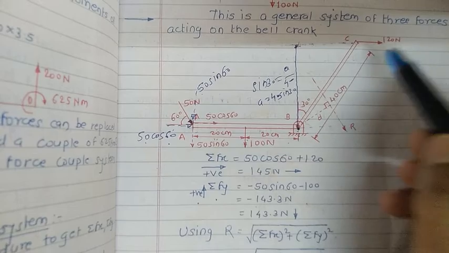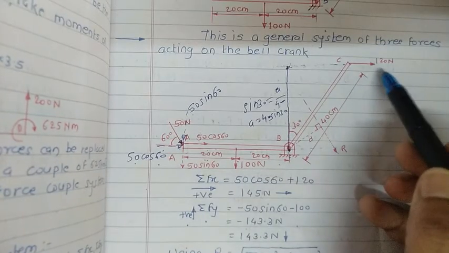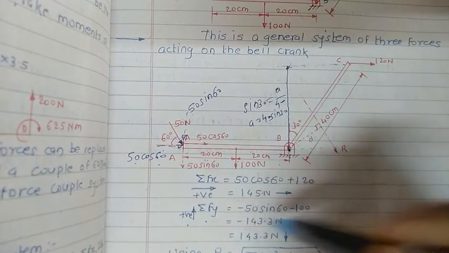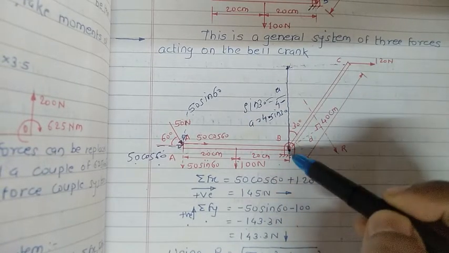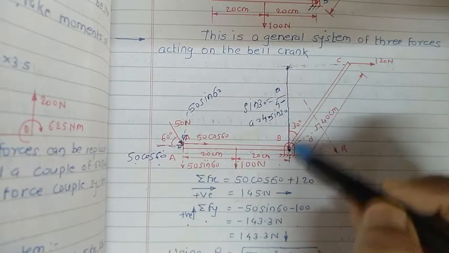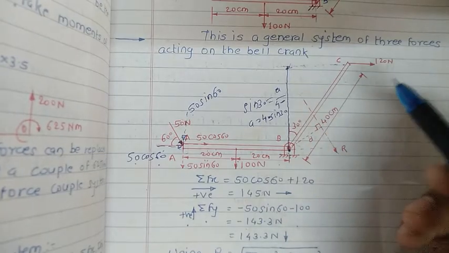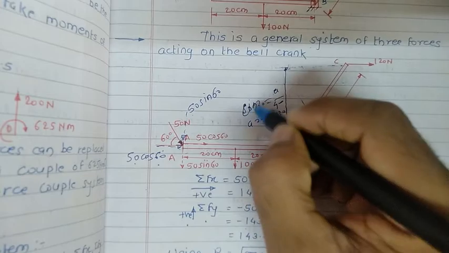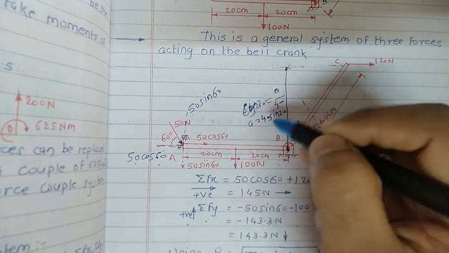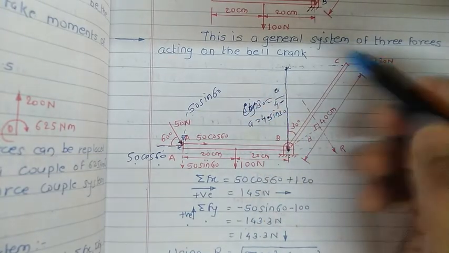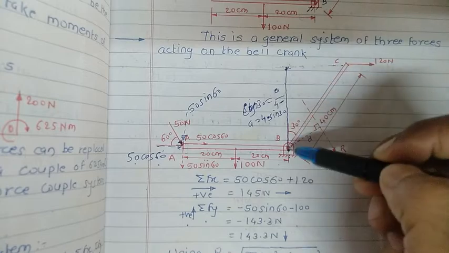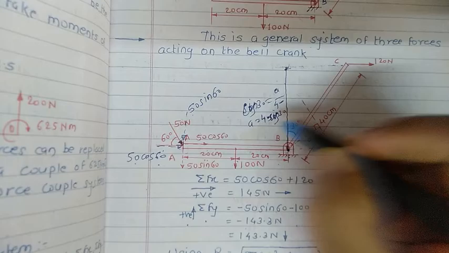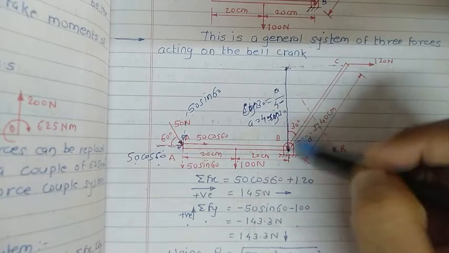Now the next force is here, 120 Newton. The tendency of this force to turn about this point is in the clockwise direction, so give the minus sign for this one. So what about this distance? Sorry, this one is actually the adjacent side we have considered. So here cos of 30 is nothing but the adjacent side divided by this distance, because we have considered the adjacent side in the right angle triangle.